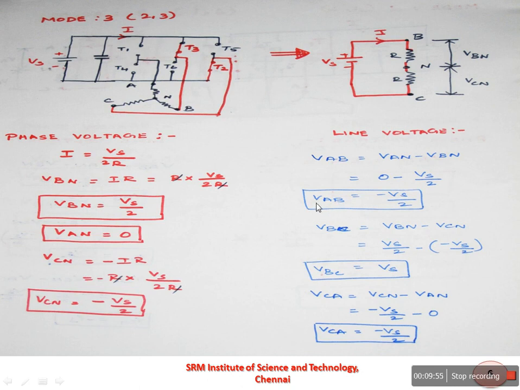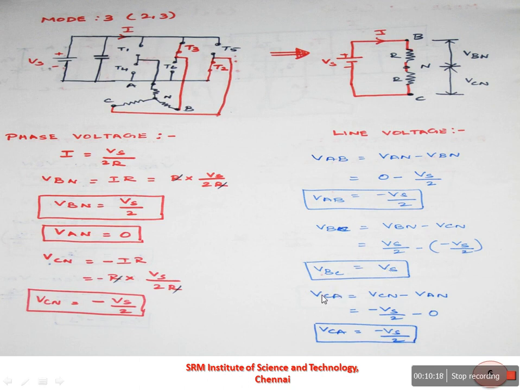Therefore, we will get VAB is equal to minus Vs by 2. Similarly, you can find out VBC. VBC is equal to VBN minus VCN. So you can substitute this VBN is equal to Vs by 2 minus VCN is equal to minus Vs by 2. Therefore, we will get VBC is equal to Vs.